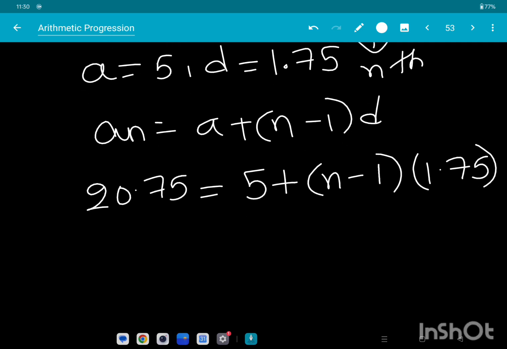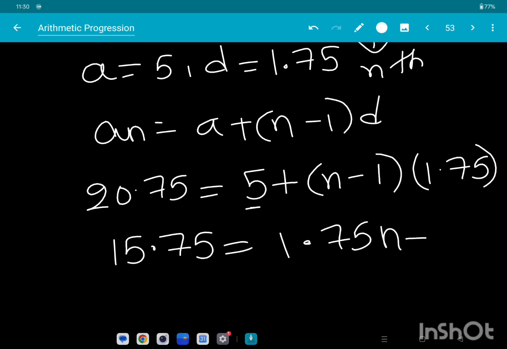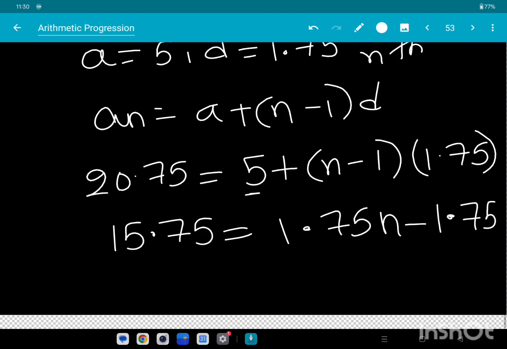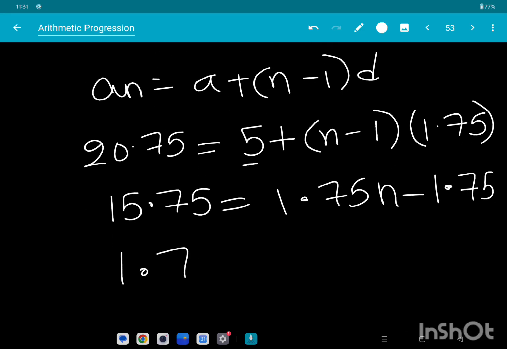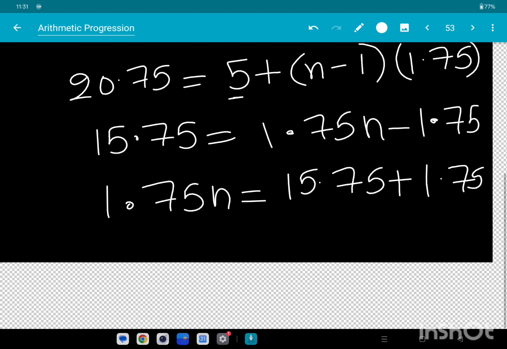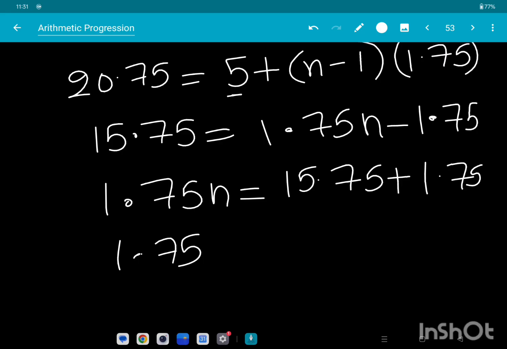If I calculate, the 5 will come to this side and it will become 15.75 is equal to 1.75n minus 1.75. Then 1.75n is equal to 15.75 plus 1.75. What will I get? 1.75n is equal to 17.50.